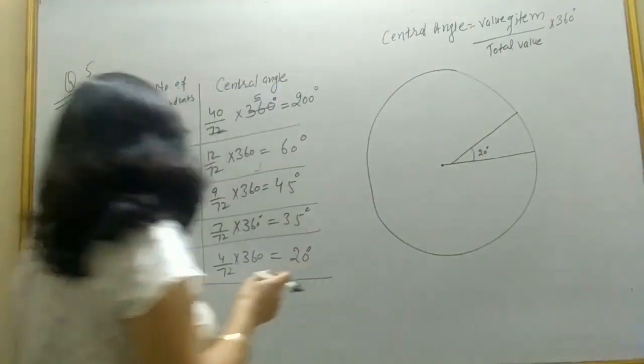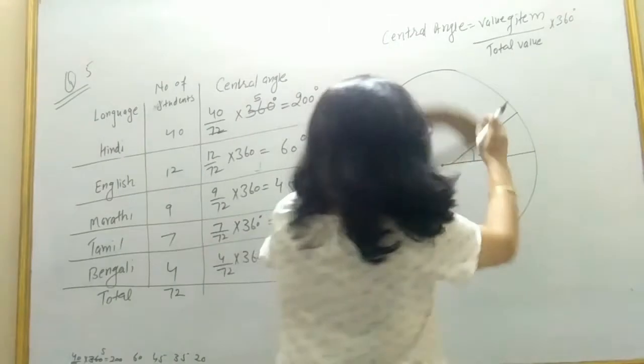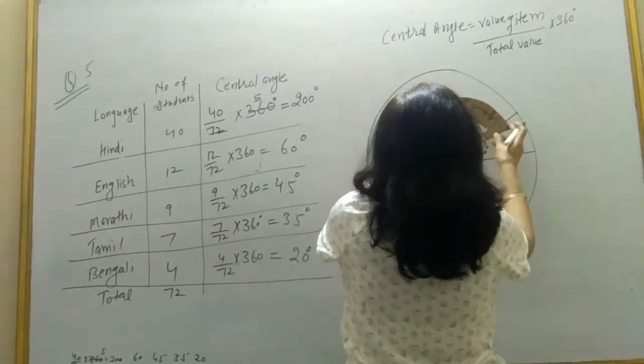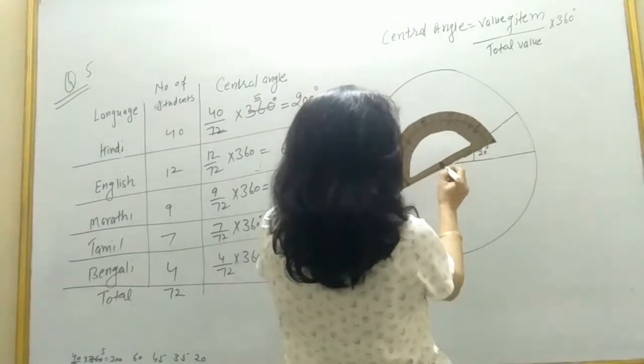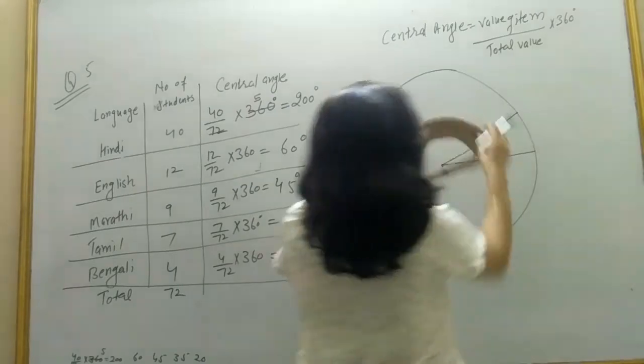Then I draw 35 degrees for Tamil. Now this will be the radius that I have drawn here. Keep this mark here on the center, 35 here.